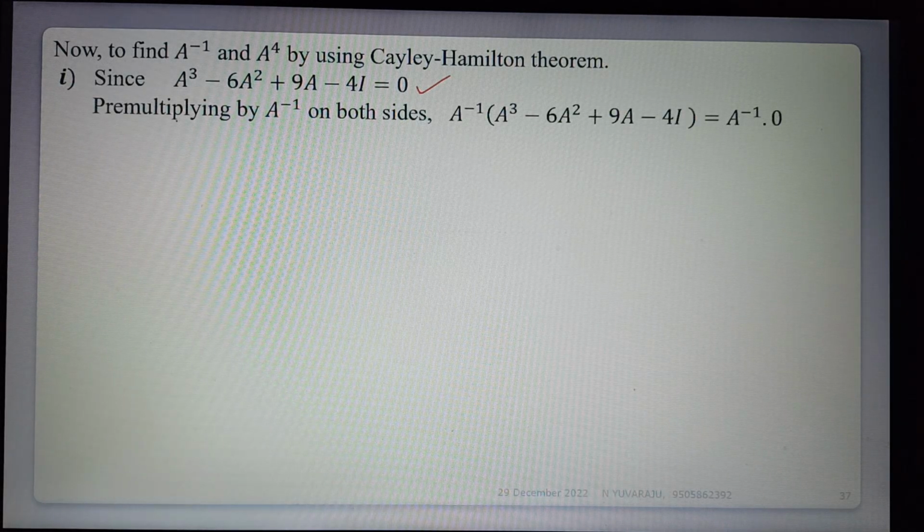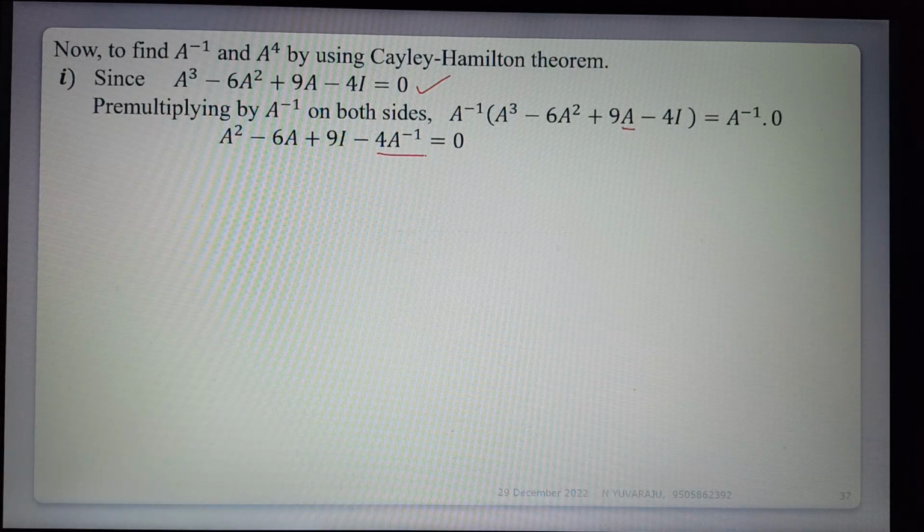Now pre-multiplying by A inverse on both sides: A inverse into A cube minus 6A square plus 9A minus 4I is equal to A inverse into 0. So multiplying, A inverse A cube gives A square, minus 6A, plus A inverse into A into 9, minus 4 A inverse is equal to the 0 matrix.